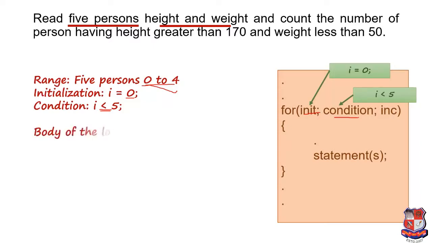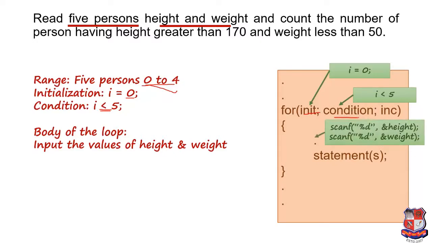So in the body of the loop we have to take input from the user, by using the scanf function. We have to write two scanf functions, one for height and one for weight: scanf %d and person height, and scanf %d and person weight. So we are mentioning it inside the loop.